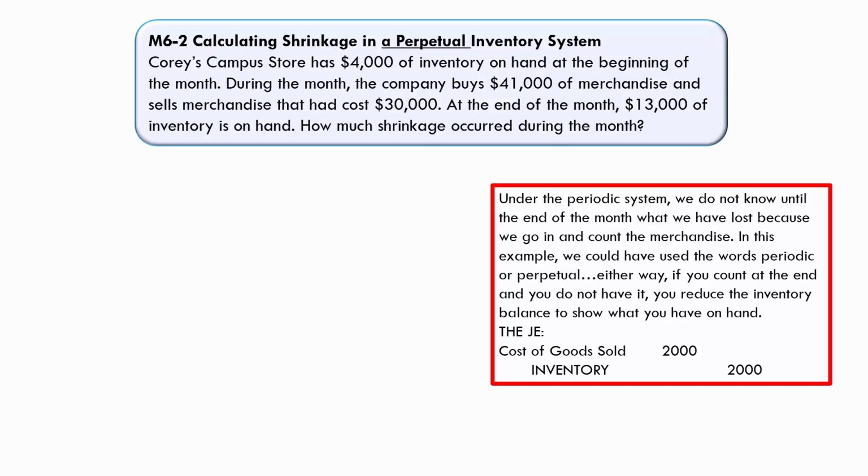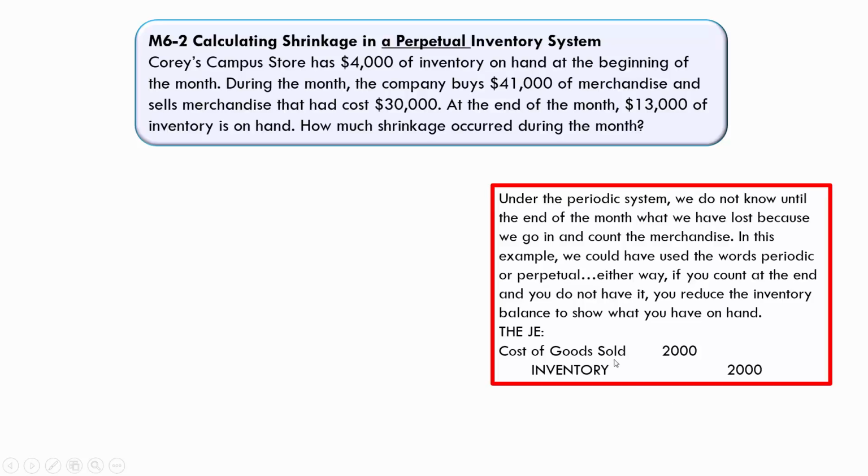If you sell 30,000, that's the cost of goods sold of 30,000. So ending inventory should be 15,000 just based on our equations. On the other hand, at the end of the month, they find 13,000 there. So they are short 2,000.